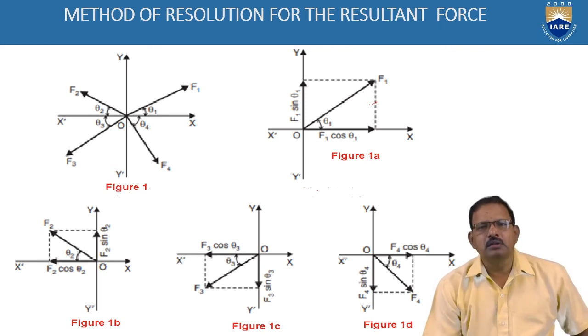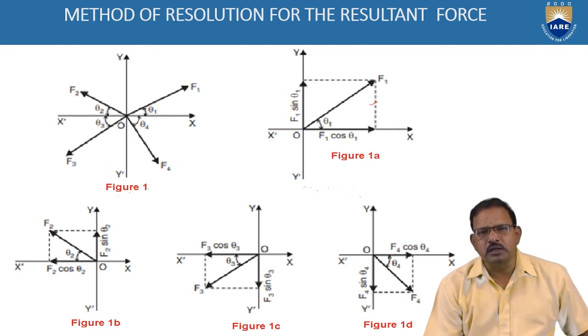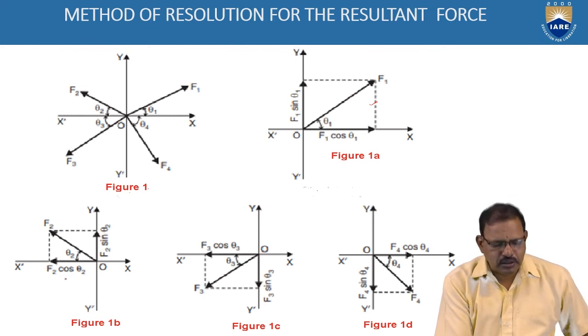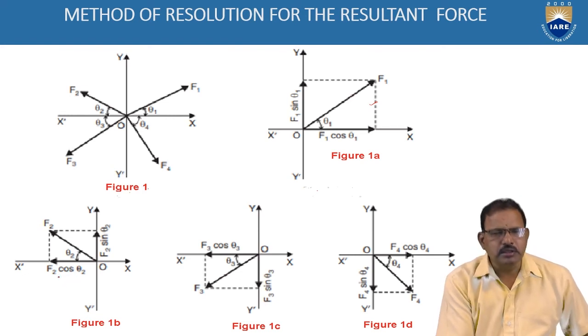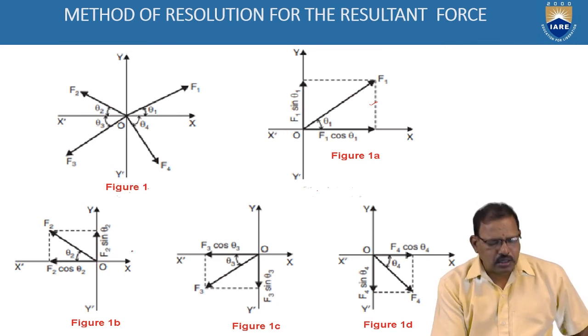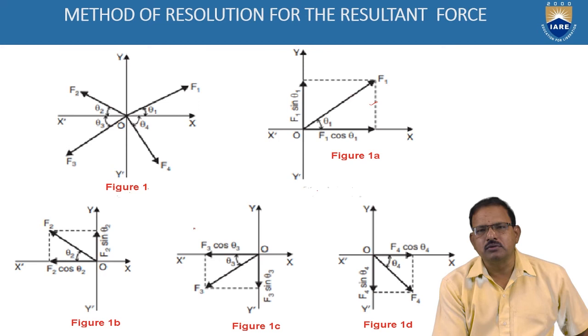Similarly, when the force F2 is resolved into two components along the x direction and y direction, F2 cos theta 2 is the x component, but it is acting toward the left side, hence it is treated as a negative force. The vertical component is given by F2 sin theta 2.